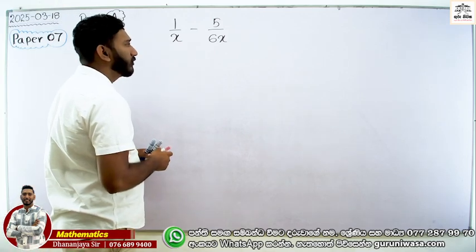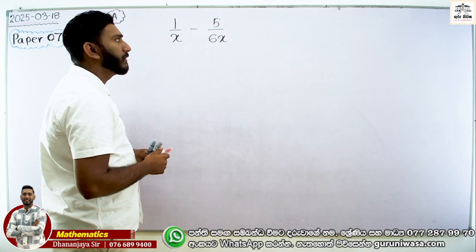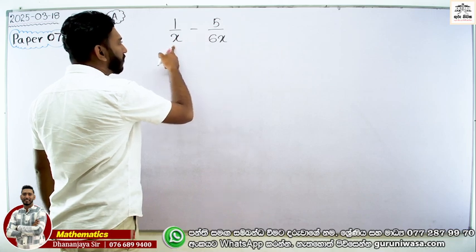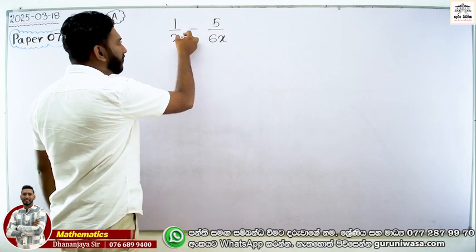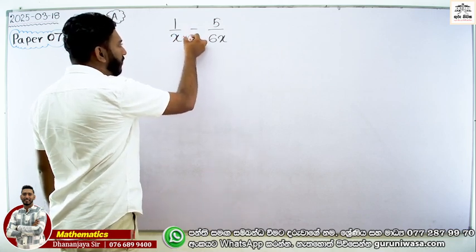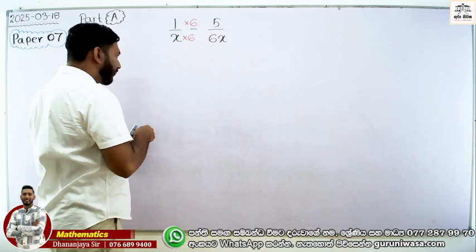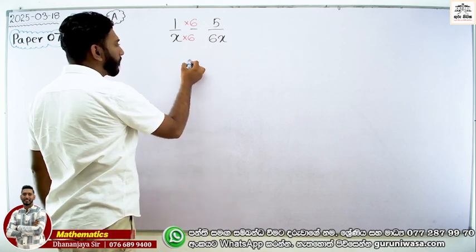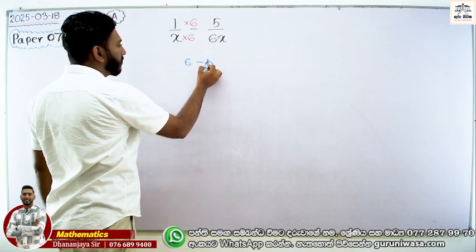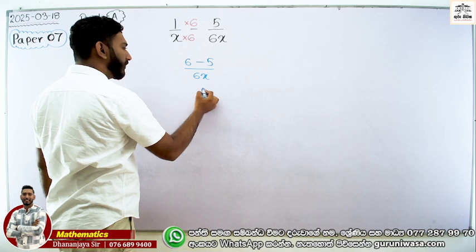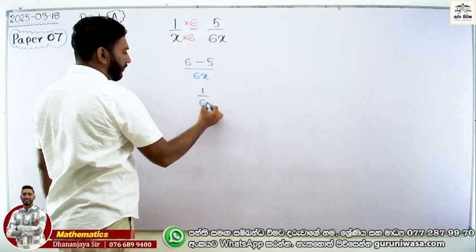Firstly, you have to change the denominator to the LCM of the fractions. 6x and x, so 6x is the LCM. You can multiply by 6. Now the answer is 6 minus 5 over 6x. Now the answer is 1 over 6x.